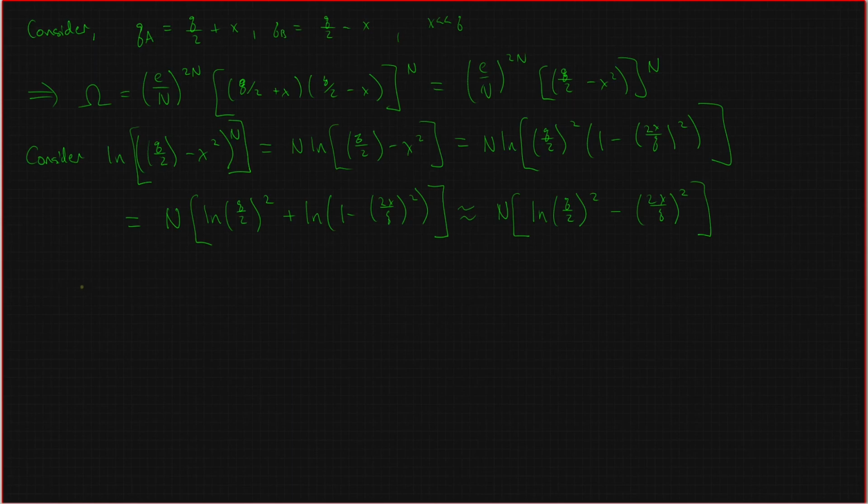Now, let's exponentiate this. There's a lot of steps, so make sure you're following along. All right? So just using the property of the natural log being exponentiated, this becomes ((q/2)² − x²) to the n.